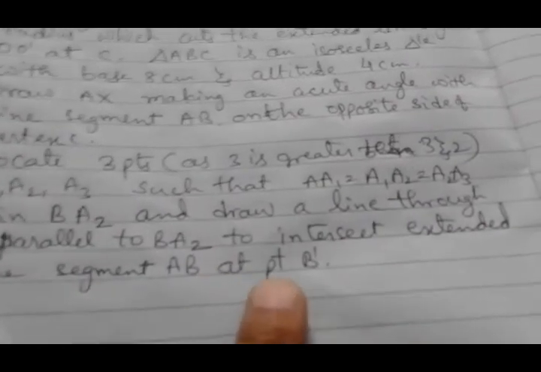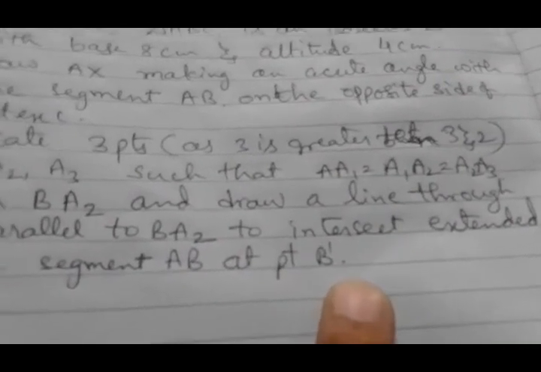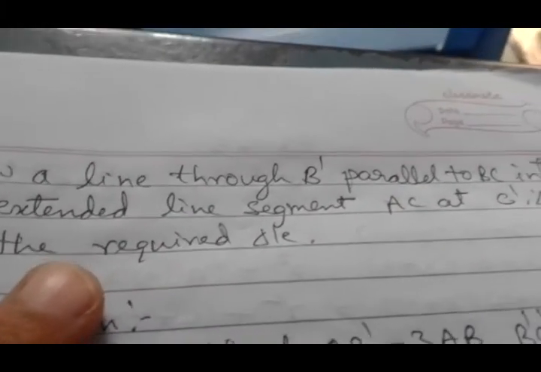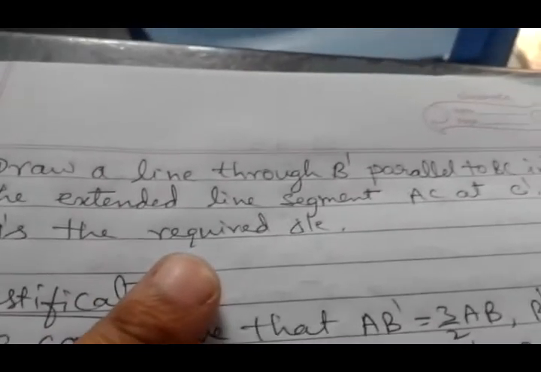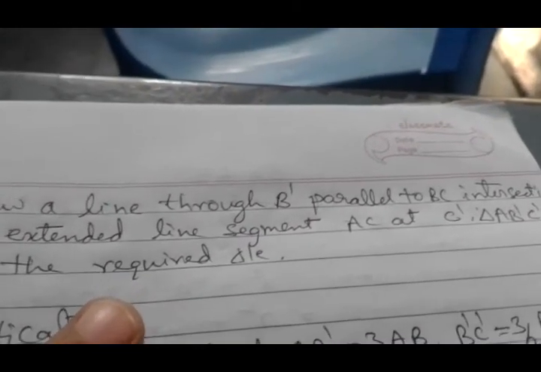Now join BA3 and draw a line through A2 parallel to BA3 to intersect extended line segment AB at point B dash, and then draw a line through B dash parallel to BC intersecting the extended line segment AC at C dash. Then the required triangle is AB dash C dash.